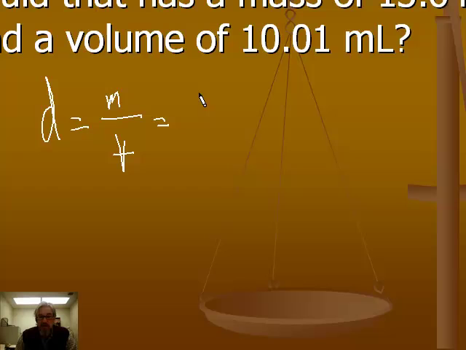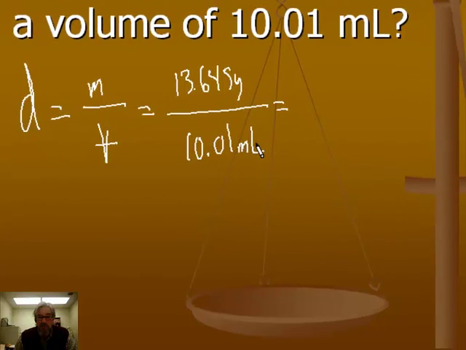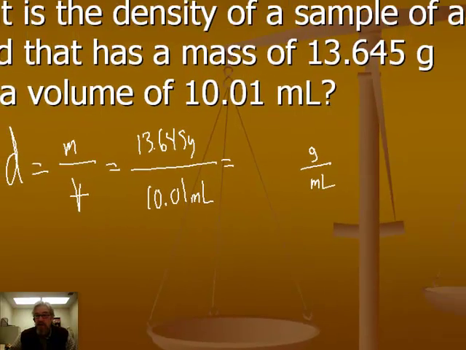So to find the density, I'll plug in the mass, 13.645 grams, and I'll plug in the volume, 10.01 milliliters, and I'll figure out what my answer is. Well, grams and milliliters don't cancel out or anything, so the unit is just grams over milliliters, grams per milliliter. When you see divide by in math, in English you should think per. Per means divide by.